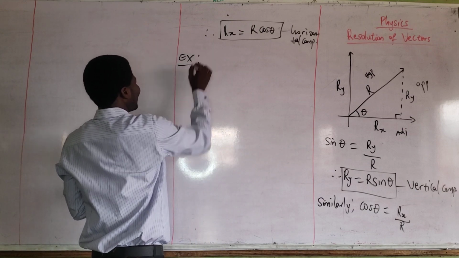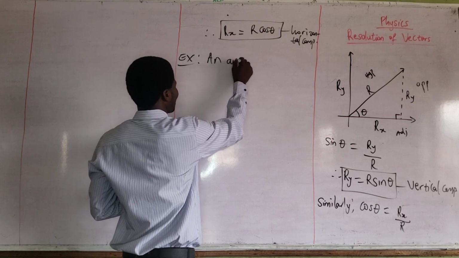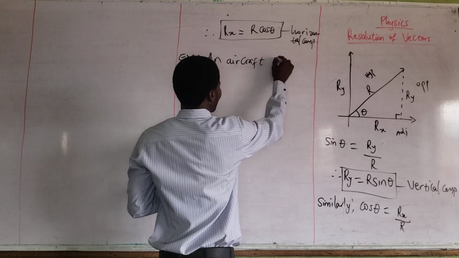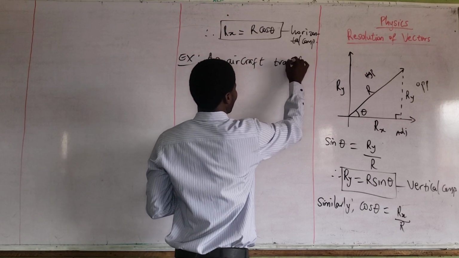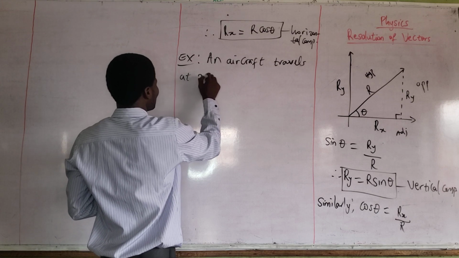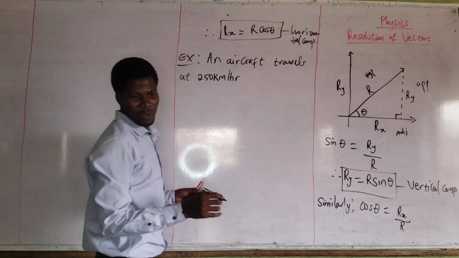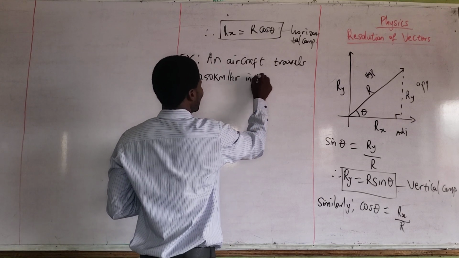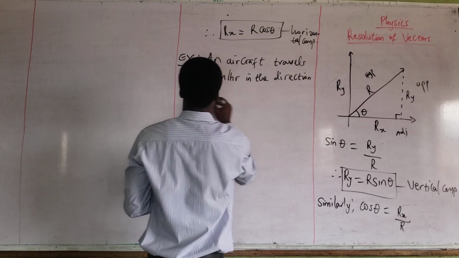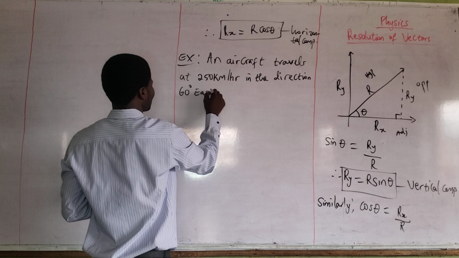Example 1. Let's say an aircraft travels at 250 kilometers per hour in the direction 60 degrees east of north.